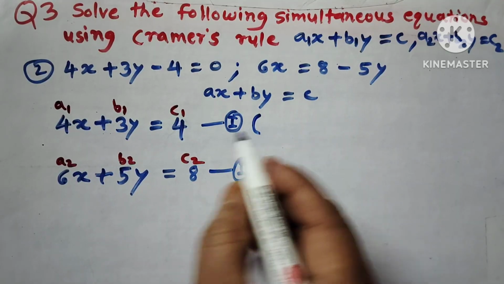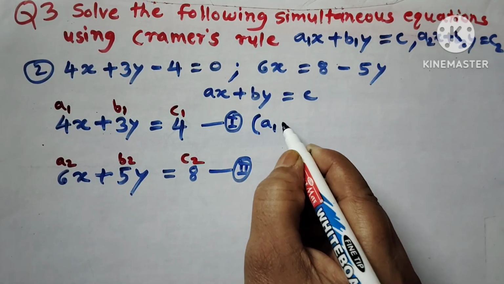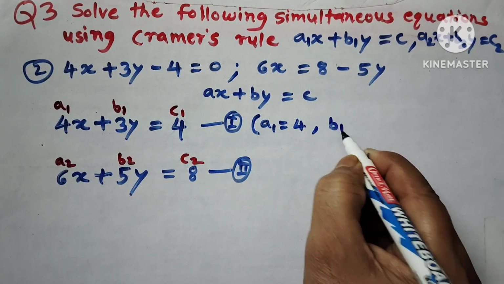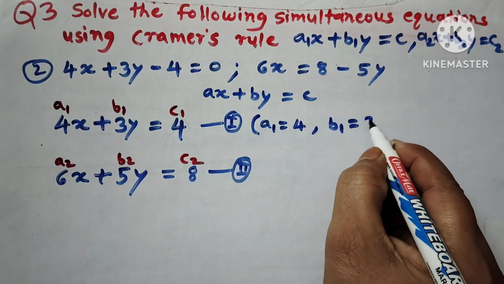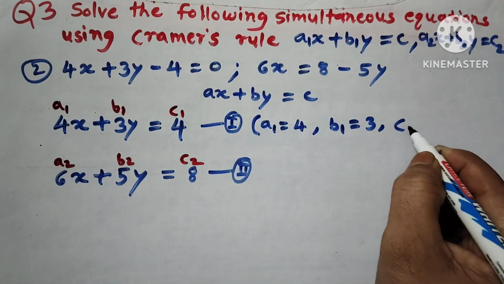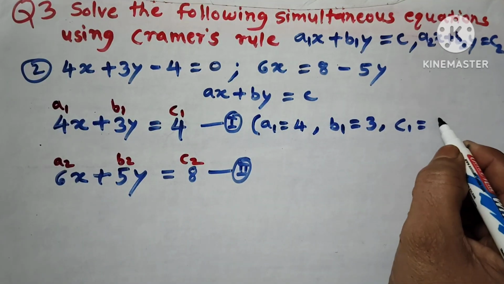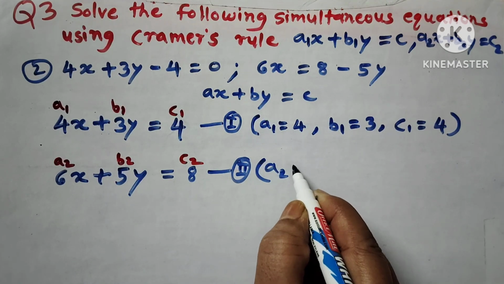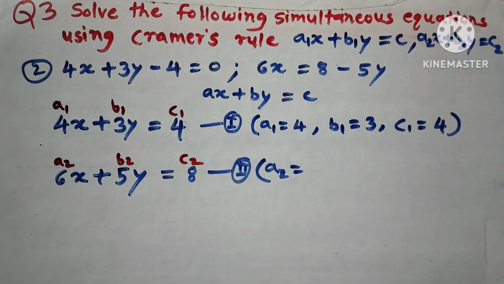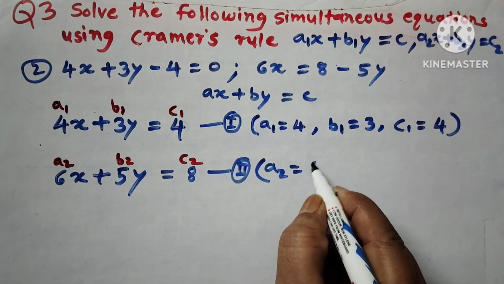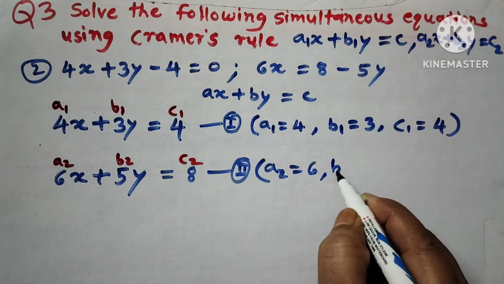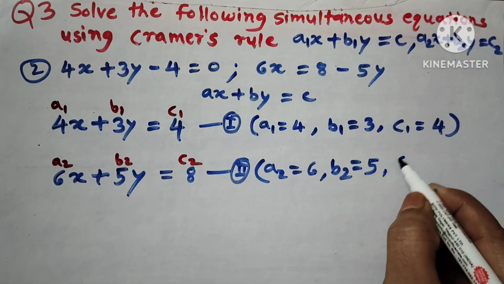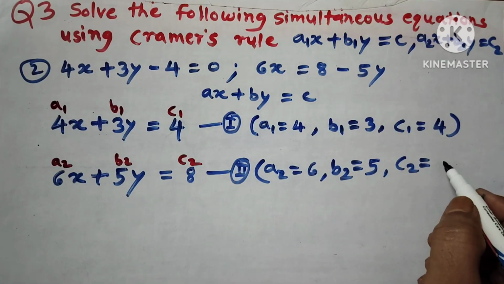In bracket, a1 is equal to 4, b1 is equal to 3, c1 is equal to 4, a2 is equal to 6, b2 is equal to 5, c2 is equal to 8.